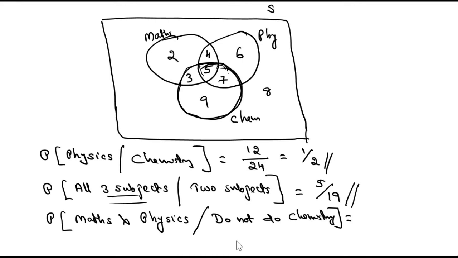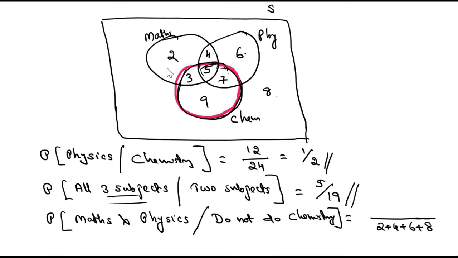You can see that except chemistry, all the remaining: 2, 4, 6. This 8 also comes in because it is not taken any subject. 8 students have not taken any of these subjects, but we are saying do not do chemistry, so that 8 is also included. So your sample space is 2, 4, 6 and 8 also will come.